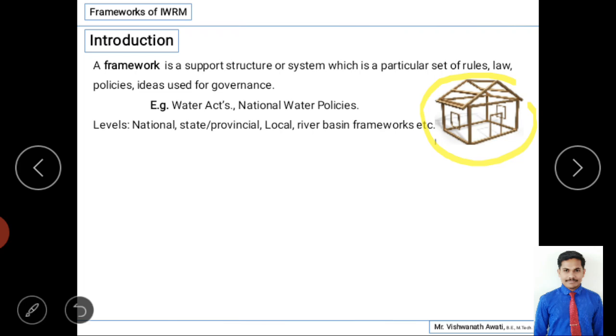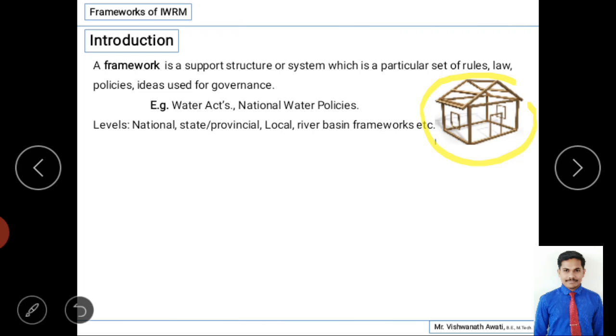But for us, for rules and regulations, legislative and organizational, a framework is a support system or support structure, which is a particular set of rules, laws, policies, ideas used for governance. Governance means to control or implement, to make it sustainable, balancing use. Right, so that is called governance.